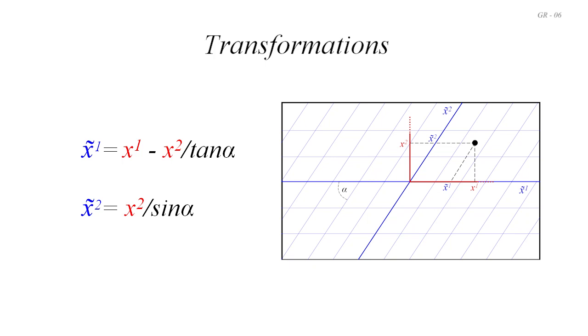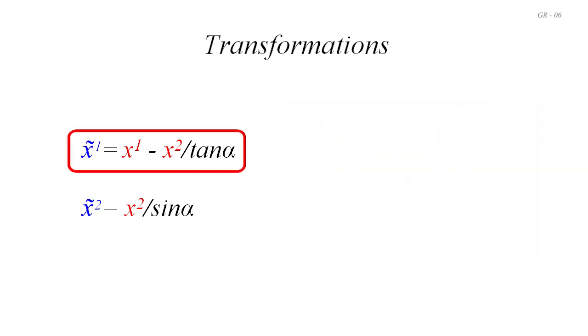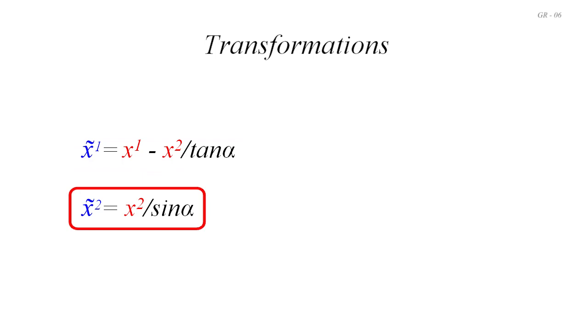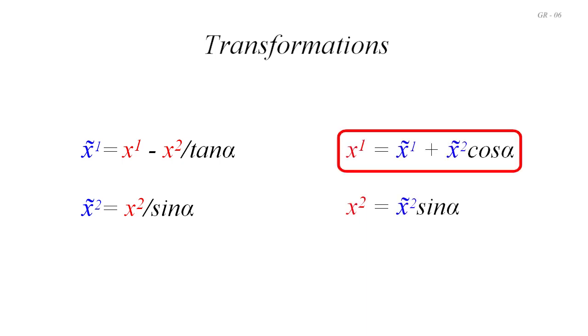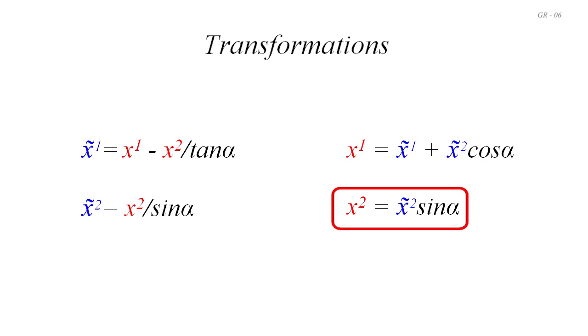The functions for going from measurements in the red Cartesian frame, x1 and x2 measurements, to the blue angled measurements, x1 tilde and x2 tilde, are x1 tilde equals x1 minus x2 divided by tan alpha, and x2 tilde is x2 divided by sine alpha. And if you want to go backwards in the other direction, from angled to Cartesian, the conversion equations are x1 equals x1 tilde plus x2 tilde cos alpha, and x2 is x2 tilde times sine alpha.